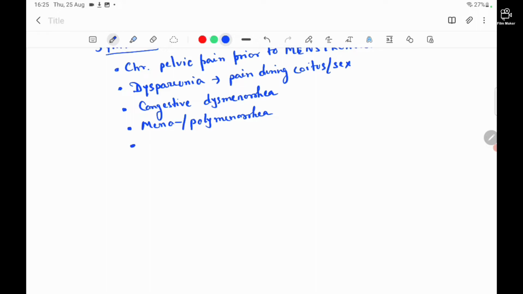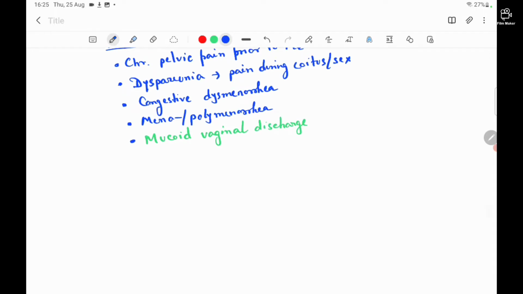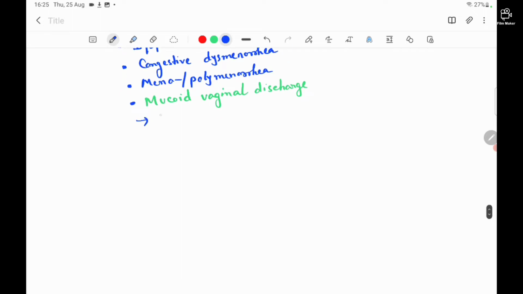You might find a mucoid vaginal discharge, and there might be infertility.